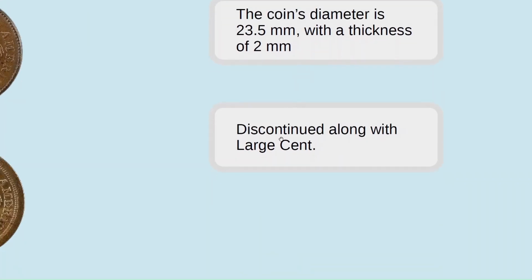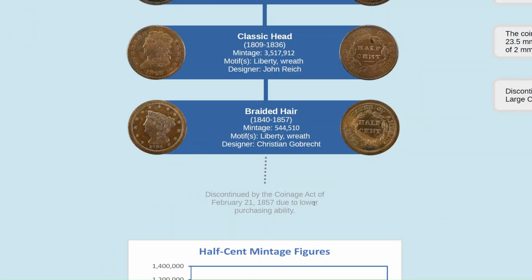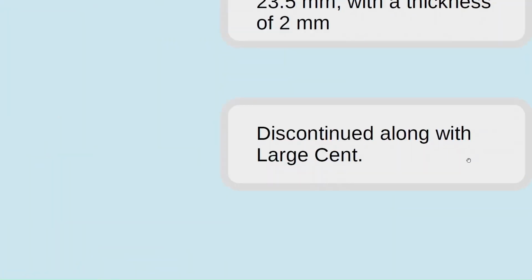When this was discontinued, it was discontinued by the Act of February 21, 1857, as I said. It was discontinued also along with the large cent. Now, if you don't know, the 1 cent coins in the United States, when they started out, they used to be pretty large, about the size of a quarter, or even slightly bigger, if I recall correctly.